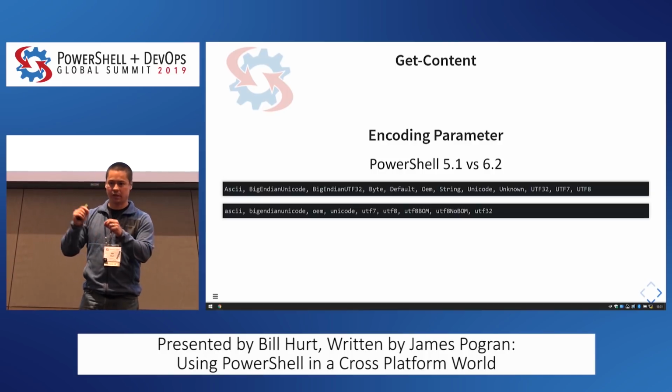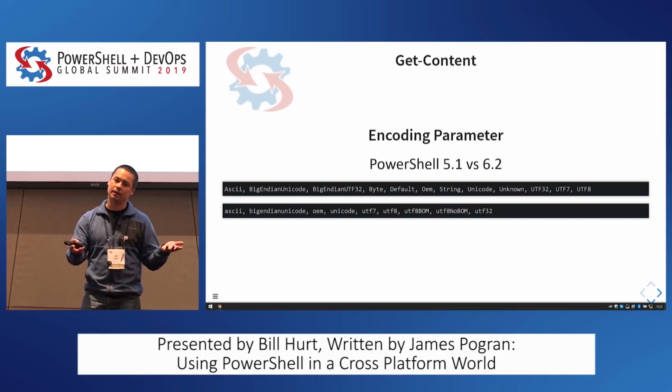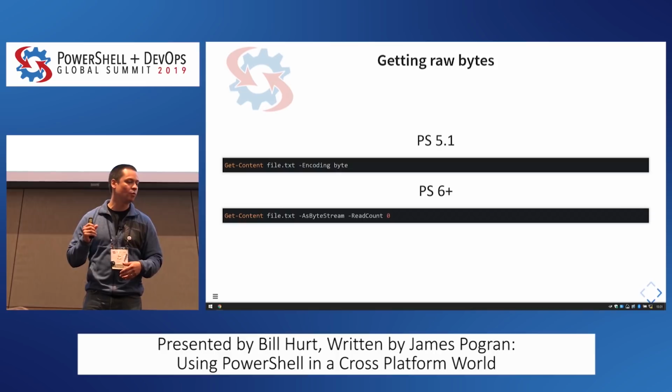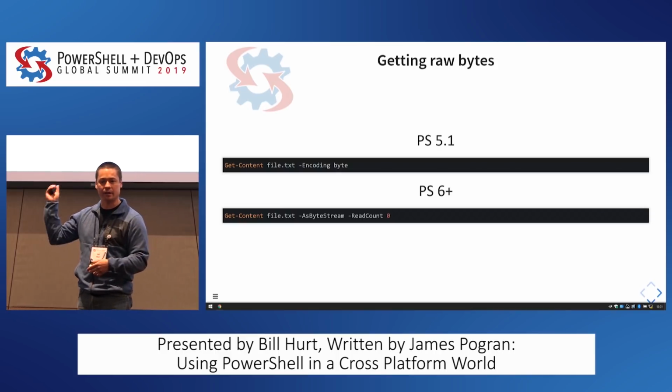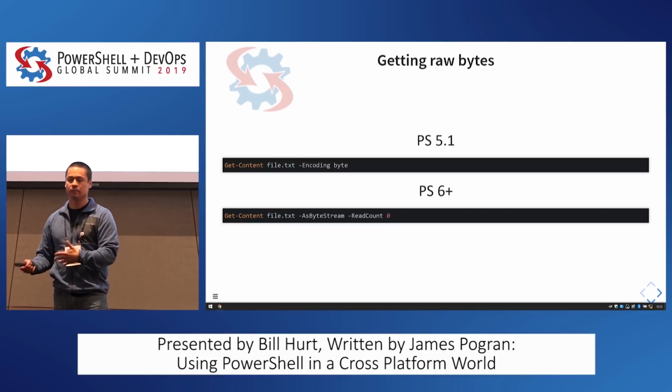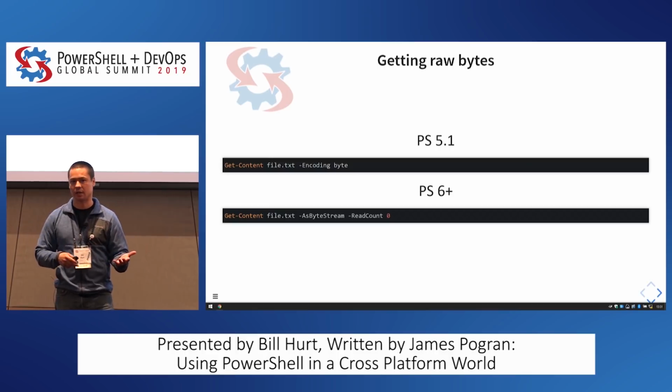You can no longer do encoding byte to get the raw bytes of a file, because if you think about it, byte is not an encoding. It's just an output stream. So they changed the way the commandlet works, and now you have a flag on there as byte stream. So now if you want to accomplish the task of getting the raw bytes of a file, Get-Content is still there. It's not like it's a different commandlet, but the way that you call it has changed.